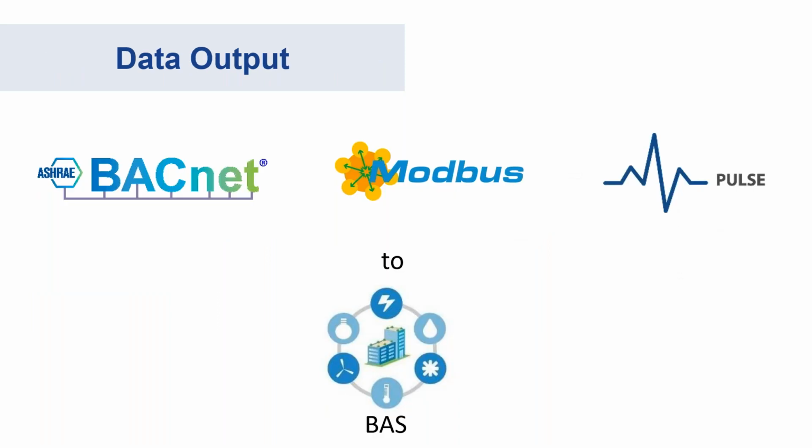So that's on the input side. On the output side, we can communicate via BACnet MSTP or BACnet over IP, Modbus RTU or Modbus TCP. There's also a pulse output available on the meter, and all of this can be delivered to your energy management platform or your building automation system for data logging, trending, and viewing.